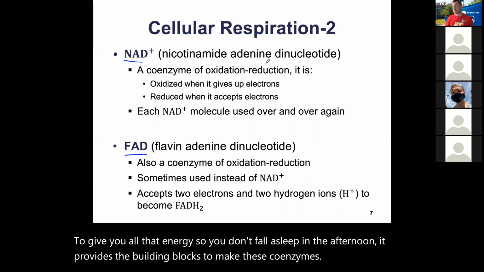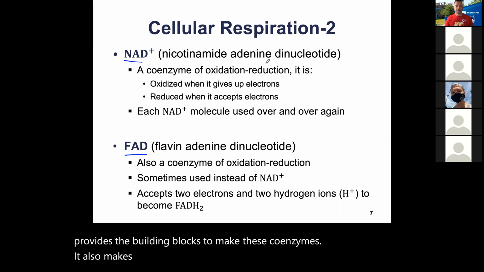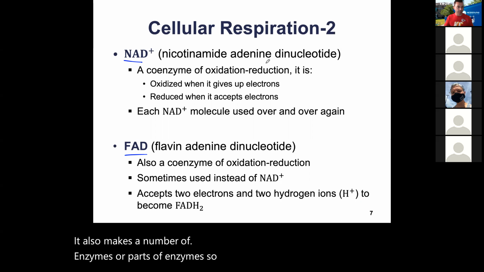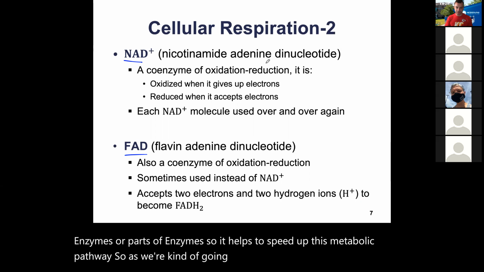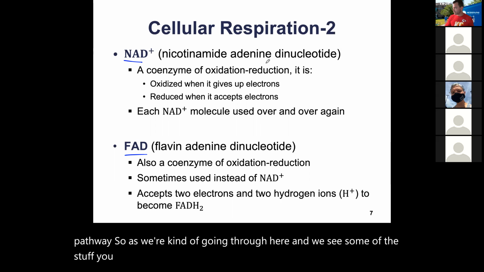It also makes a number of enzymes or parts of enzymes. So it helps to speed up this metabolic pathway. As we go through here and see some of the pathways, if I don't have it, I'll try to find it and show you.